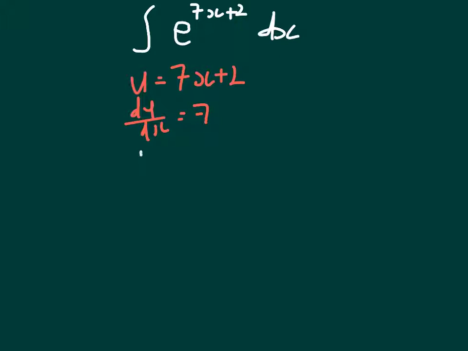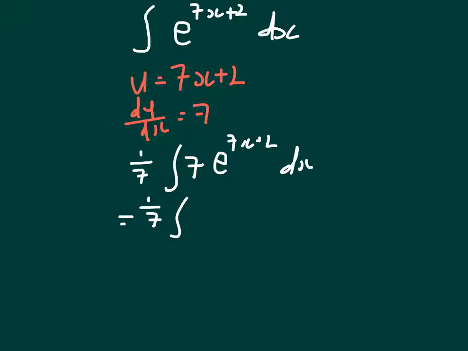So I'm going to have a 7th of the integral of 7 e to the 7x plus 2 dx, and that's the same as saying a 7th, and all I'm going to do is rewrite that so that I have my e to the u first, and then 7 dx.